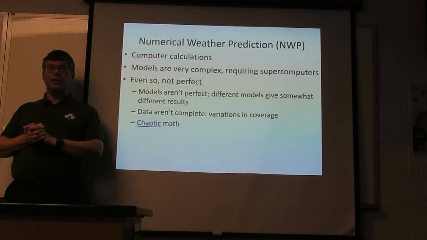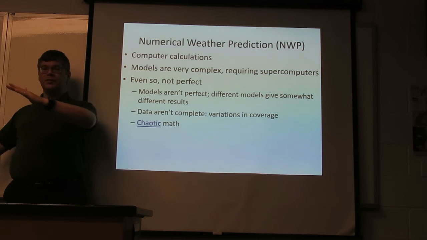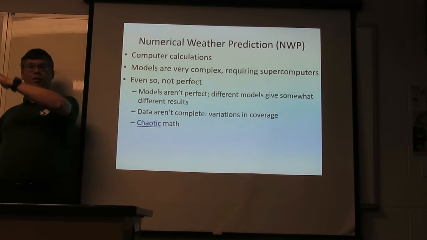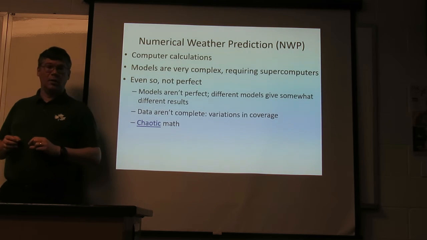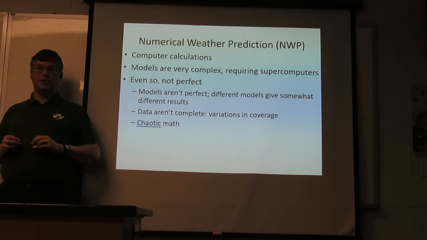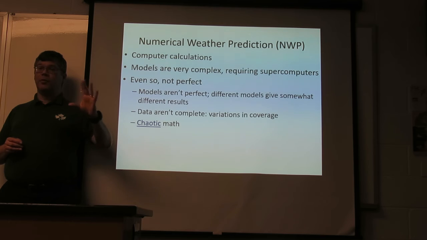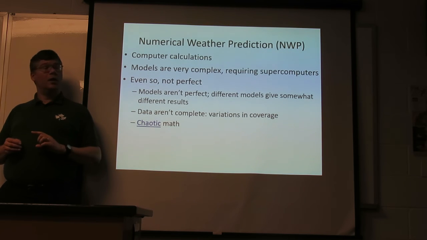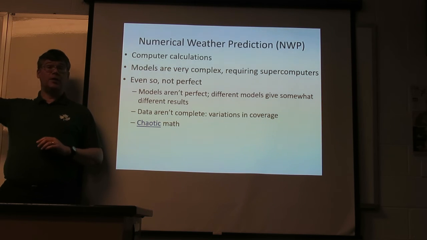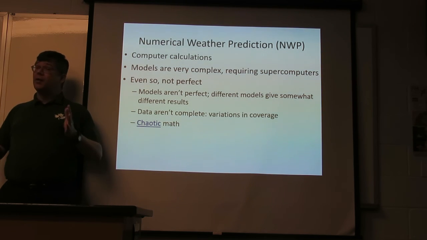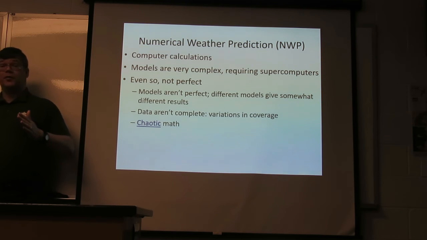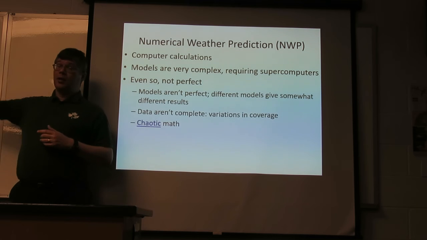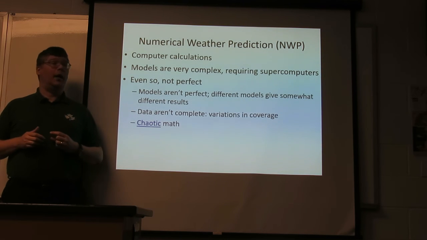And when they restarted, wait a moment, this is not the same results that we had just a moment ago from this same computer doing the same calculations. Turned out the number that they entered to restart the simulation was rounded off a little bit from the number actually being used by the computer, and that tiny difference was enough to cause major differences in the prediction as you got further out in time.